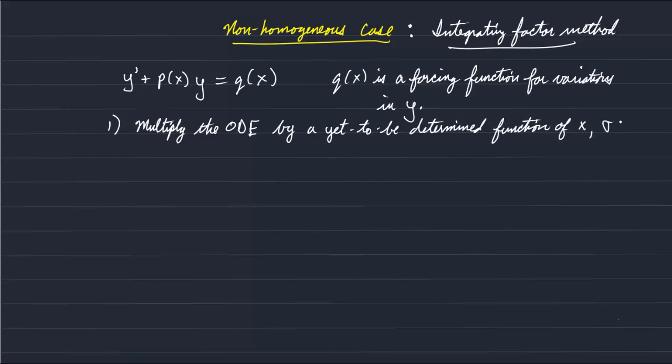And this function we'll refer to as sigma of x, and this is our integrating factor. This is the integrating factor that we're going to use to solve the problem.